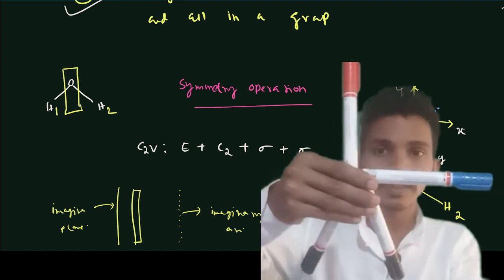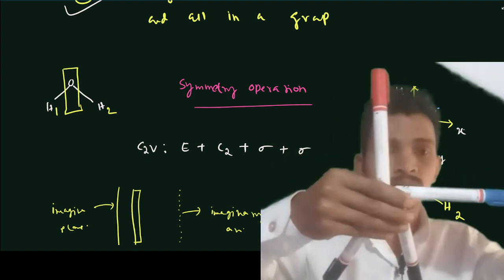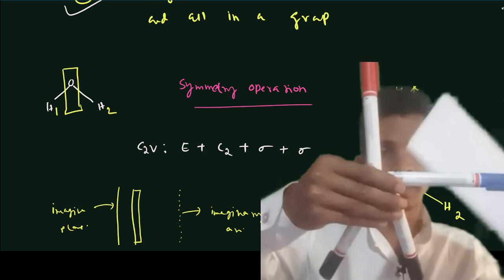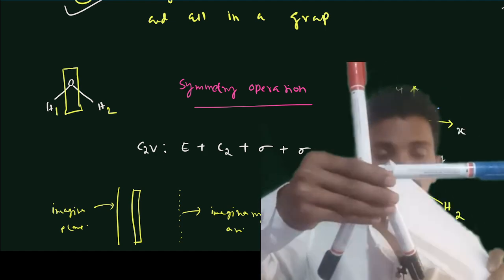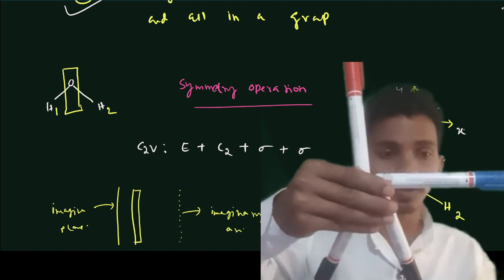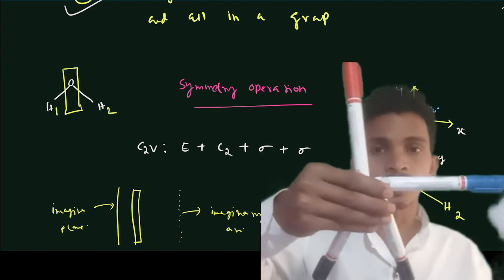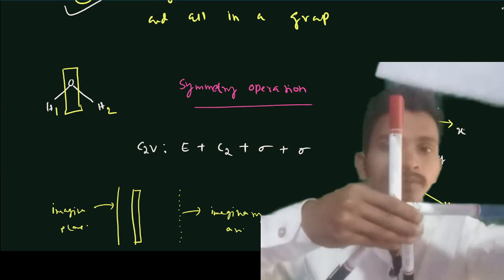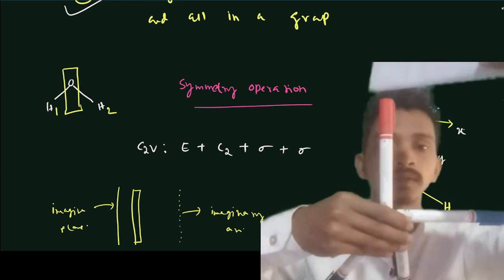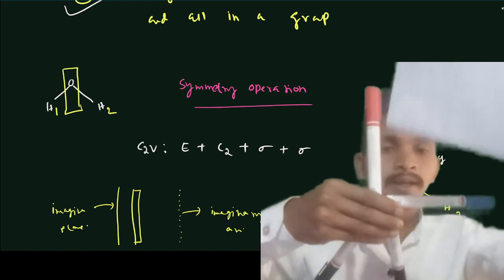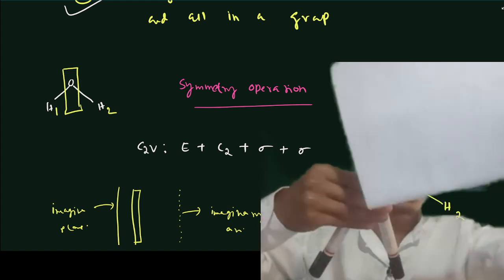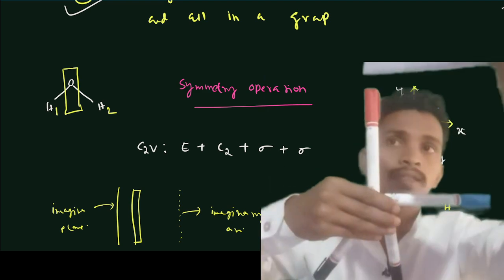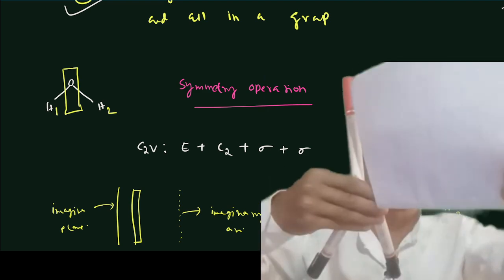So one plane is cutting through xy, meaning the xy directions, and that is cutting all the atoms of the water molecule, that is the molecular plane. Another is cutting through only the y-axis. The z-axis is coming towards us in the front, so another is cutting through the y and z axes.